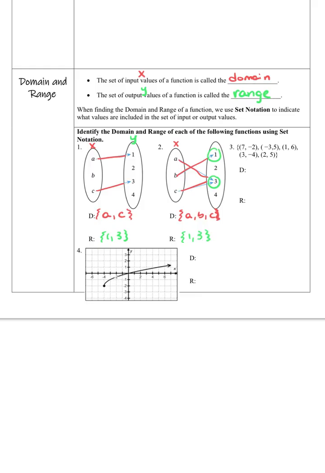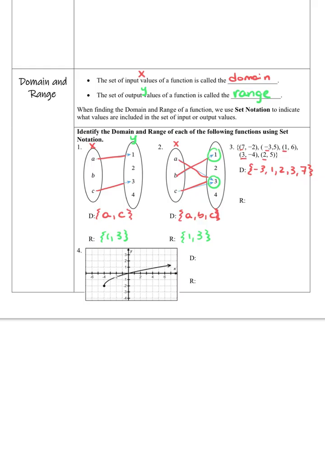All right, if you have a set of points, the domain are all your x values. So I have 7, negative 3, 1, 5, and 2. And you should put them in order, from smallest to largest. So I would start with negative 3, 1, 2, 5, and 7.